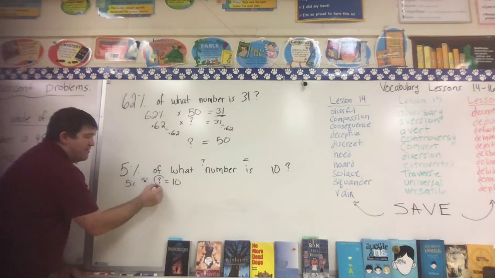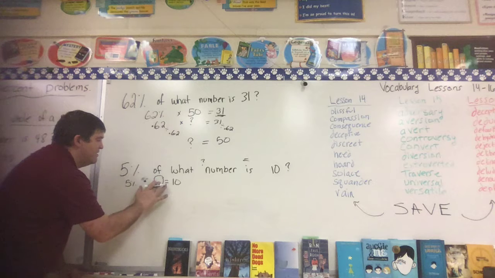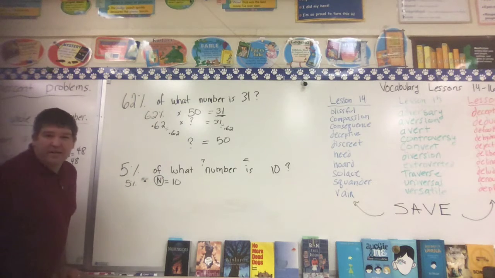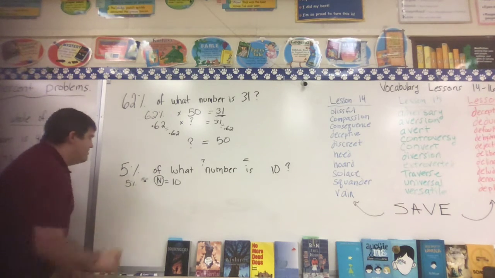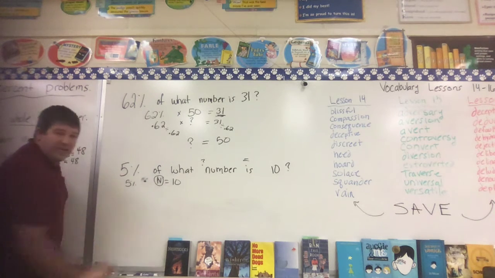In algebra, this is actually called a variable, and a variable is a letter instead of a number. So I'm going to say this is n. I just don't know what n is. It's some number, I don't know what it is. So 5% times n equals 10.